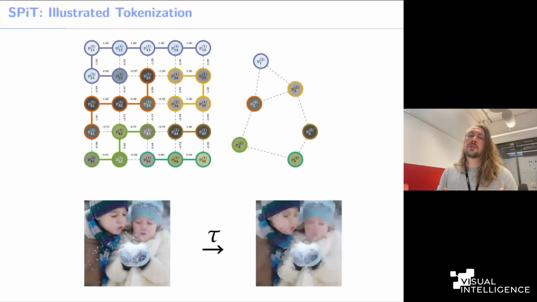Here we're illustrating this with an example where you see some pixels, and they have a similarity. The dashed lines represent the edges that are inherent in the graph, and the filled lines represent edges that have been connected through these maximally similar neighbor connections.